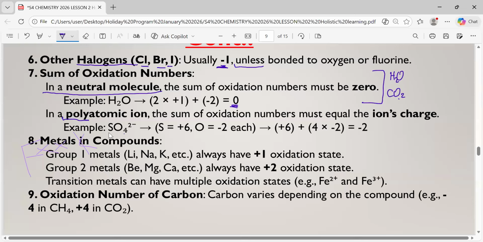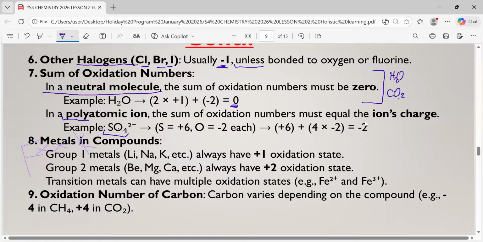So this charge is affecting all these atoms. They're telling us that the sum of oxidation numbers must equal the ion's charge. So if you sum up the oxidation state for sulfur plus the one for oxygen, you should be able to get -2. That is what they are trying to say.